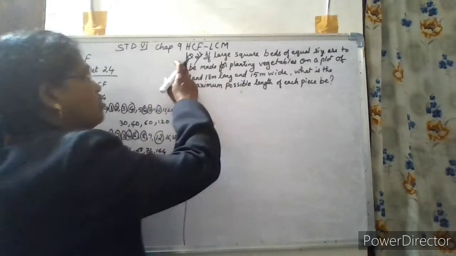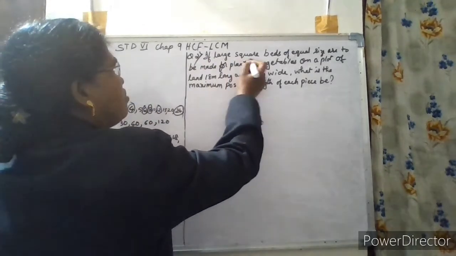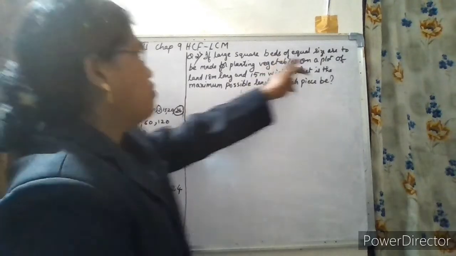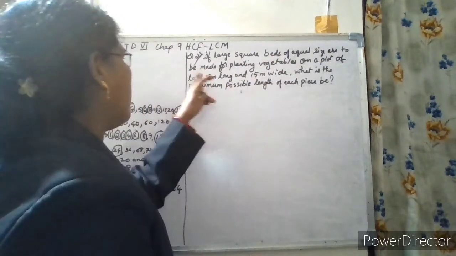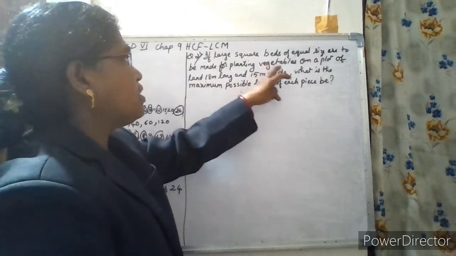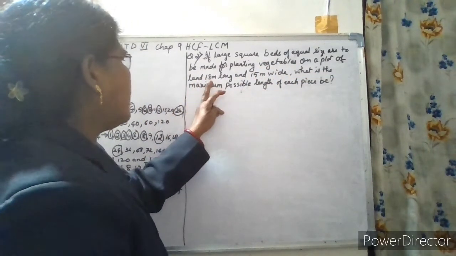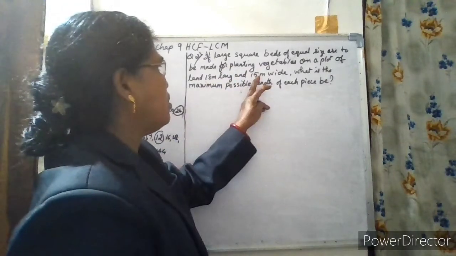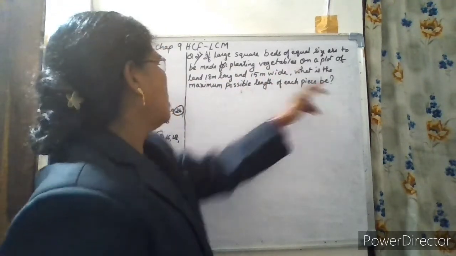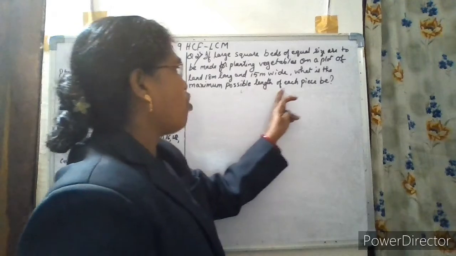Question number 2. If large square beds of equal size are to be made for planting vegetables on a plot of land 18 meters long and 15 meters wide, what is the maximum possible length of each piece?